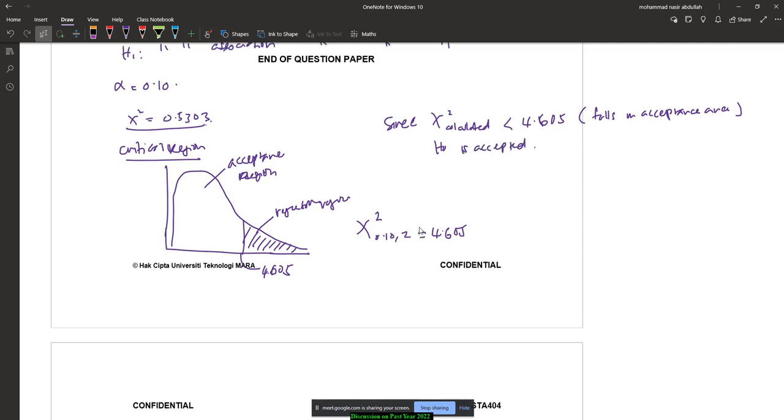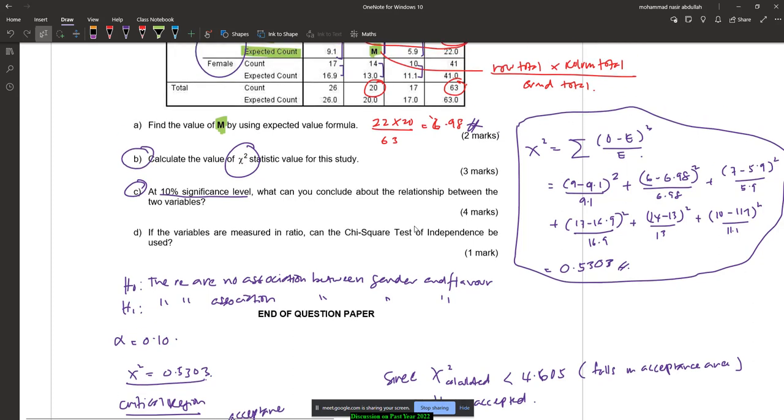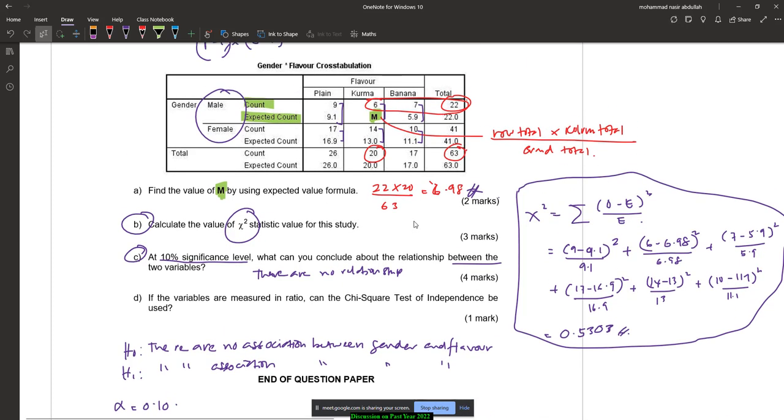So we can conclude that there is no relationship between gender and flavor.